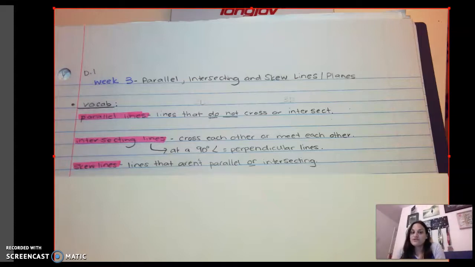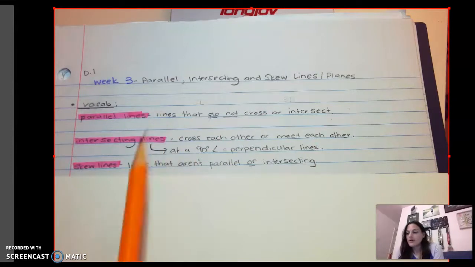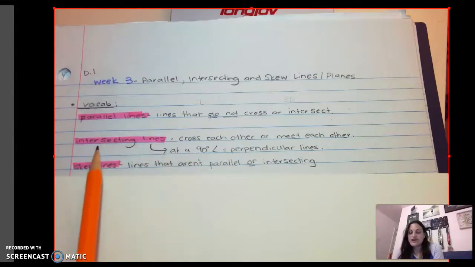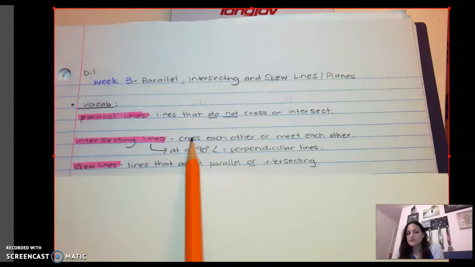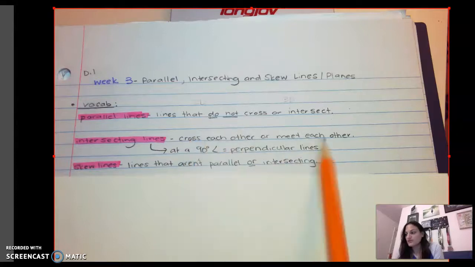It's just vocab. So the first definition is parallel lines, and those are lines that are not crossing or intersecting. Okay, and I'll show you an example in a second. The next one is an intersecting line. Those are two lines that cross each other or meet each other. And by the way, when I say two lines, it could be more than two lines.